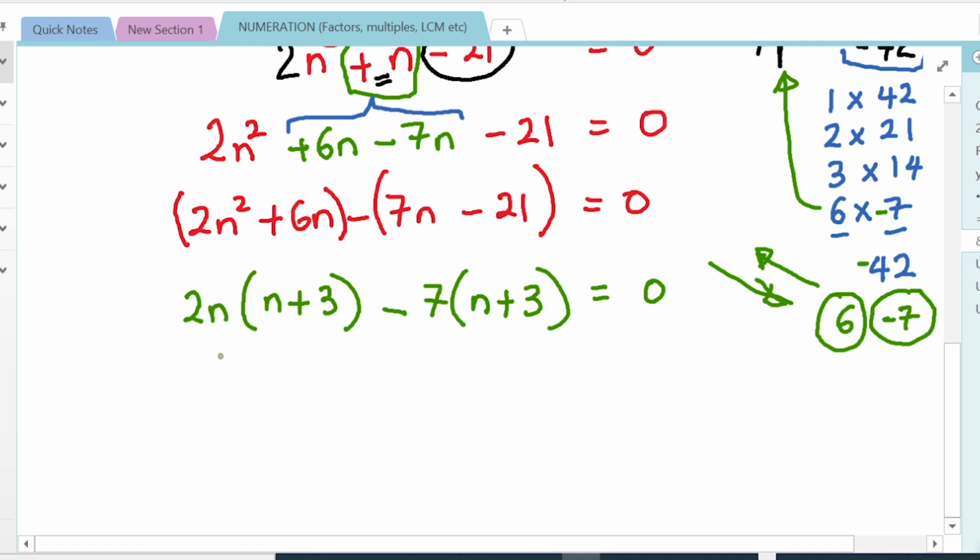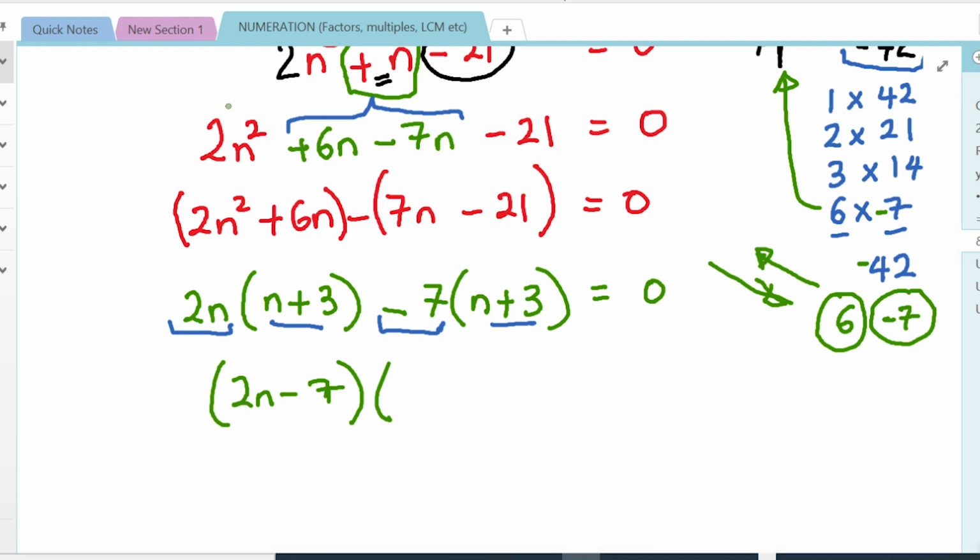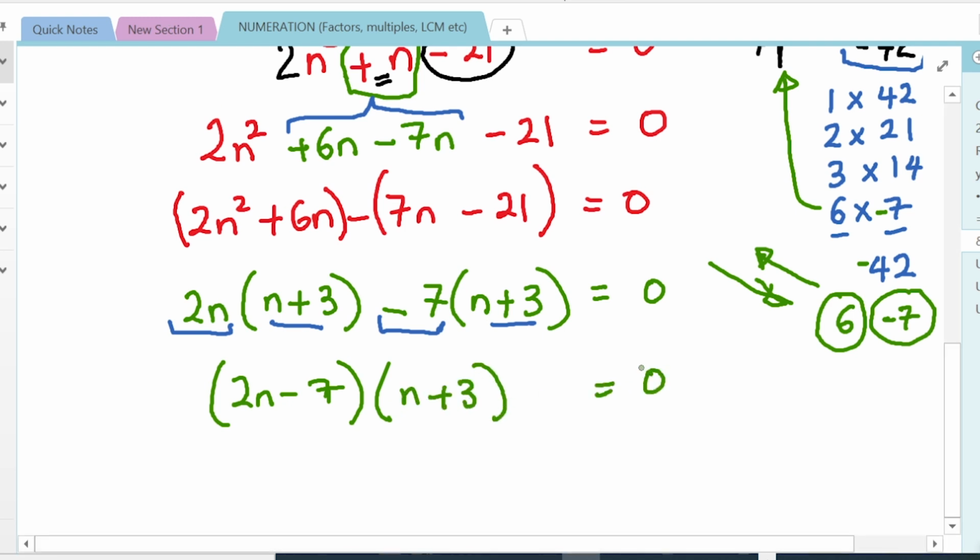Right, so this becomes, the two numbers outside get their own bracket, so it becomes 2n minus 7. Put those outside the brackets into the numbers in the bracket, this one and this one get their own bracket here, so this becomes n plus 3 is equal to 0.